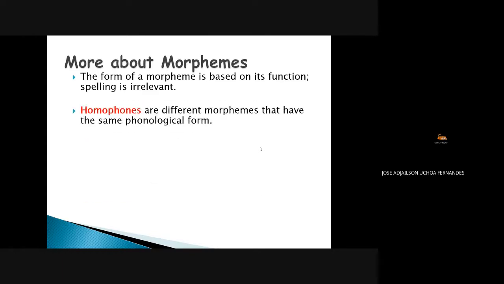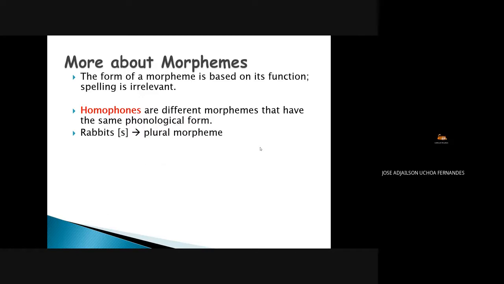Homophones, on the other hand, I have already explained because I explained them in contrast to each other. Homophones are different morphemes that have the same phonological form. You see, they are just the opposite. They are two morphemes with a coincidence in phonetics, in phonological forms.